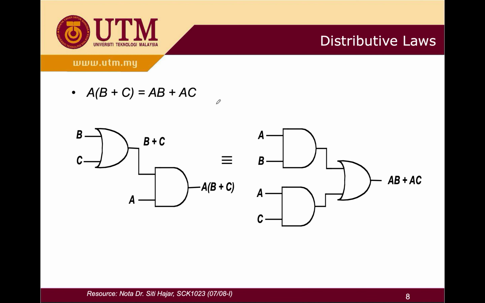So let's say I give you an example. We focus on this first, not on this yet. So I give you another example. You have this scenario: A dot B plus C plus D.